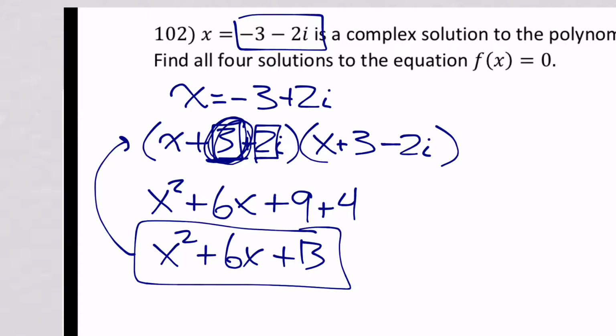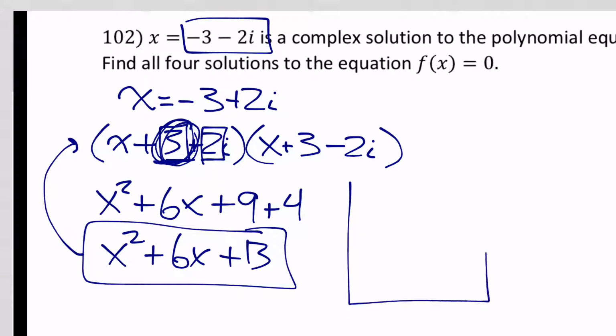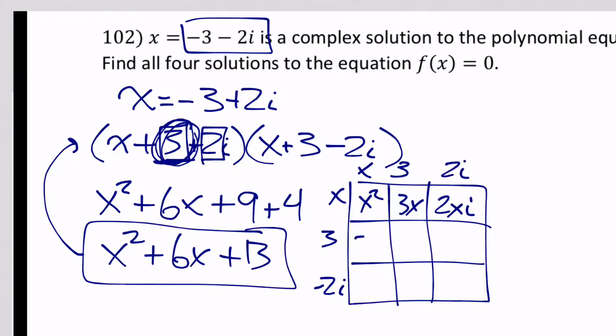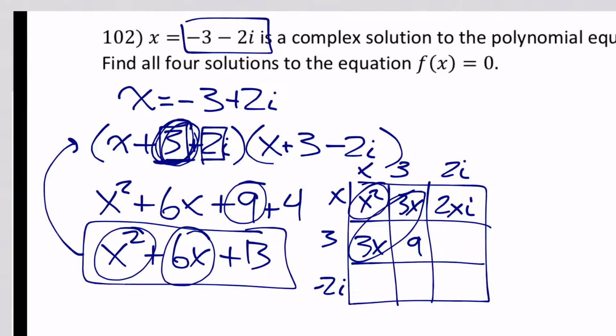equivalent to that. You could totally go through and make a big old box and do x, 3, 2i, x, 3, negative 2i: x squared, 3x, 2xi, another 3x, there's my 3x giving me my 6x, there's my x squared. 3 times 3 is 9, there's my 9. 3 times 2i is 6i, x times negative 2i is negative 2xi, so that cancels with that.